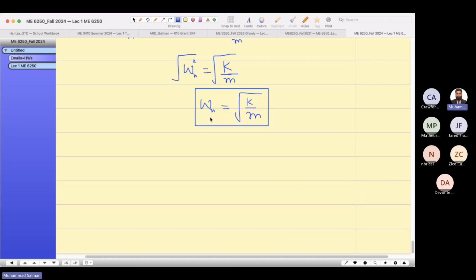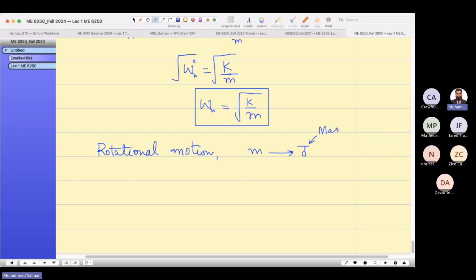Can I write down, look, derive the equation of motion for the rotational case, a rotational motion, where mass is replaced by mass moment of inertia. J is mass moment of inertia.